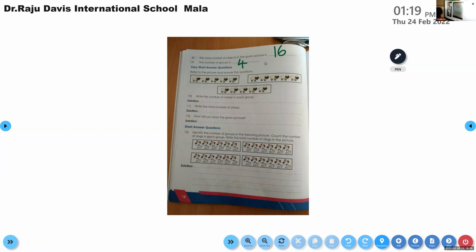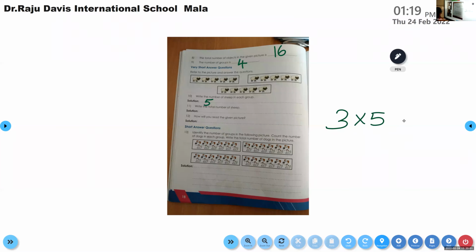How many sheep are there in each group, Adinath? 5. 3 groups are there, and in each group, 5 are there. So 3 into 5, what's the answer?